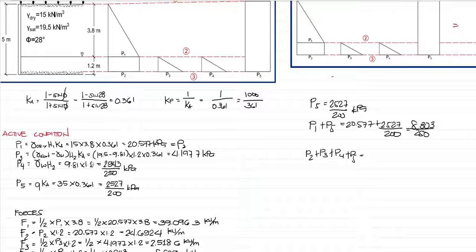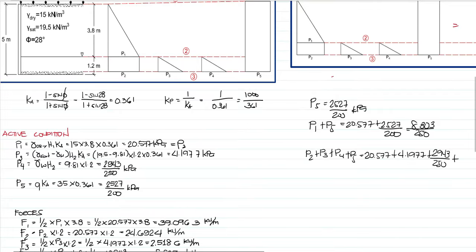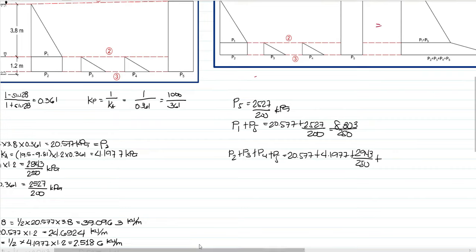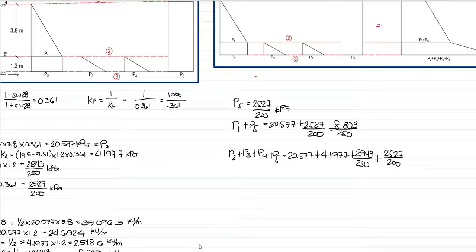So, P2 is 20.577 plus P3 is 4.1977 plus 2943 over 250 plus 2527 over 200. So, the value of P2 plus P3 plus P4 plus P5 will be equivalent to 49.1817.